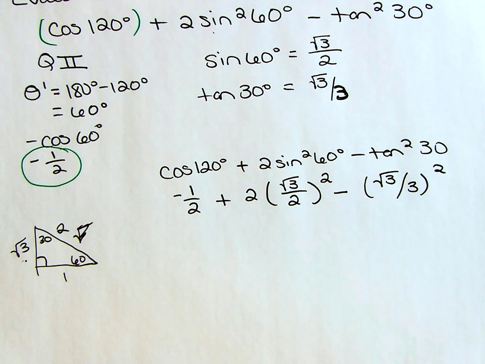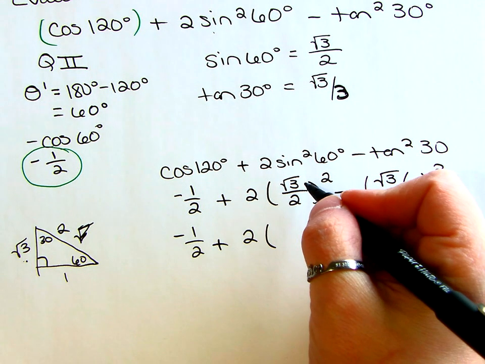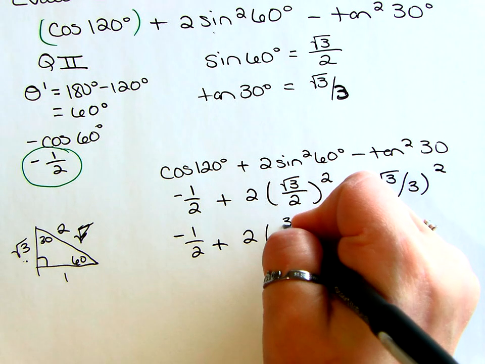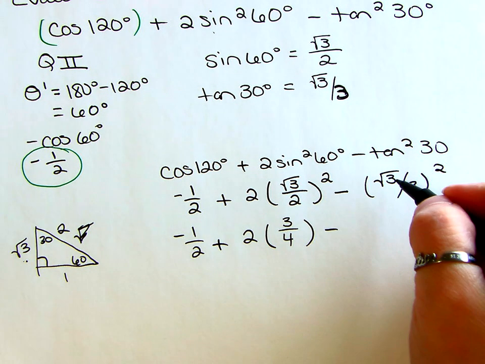Minus 1/2 plus 2. If we square the square root of 3 over 2, we're going to get 3/4. If we square the square root of 3 over 3, we're going to get 3/9.